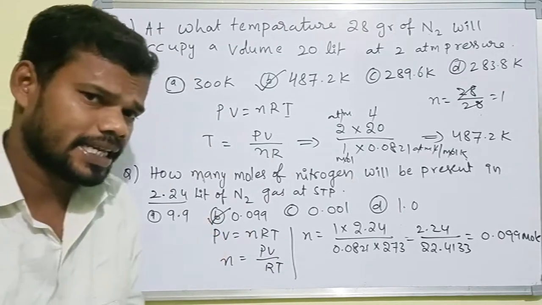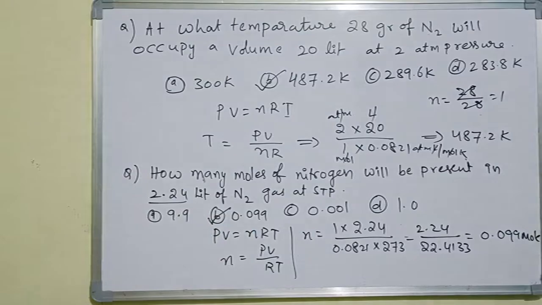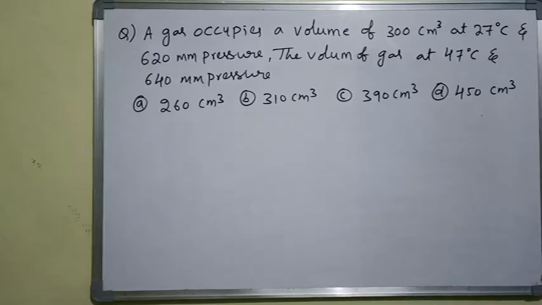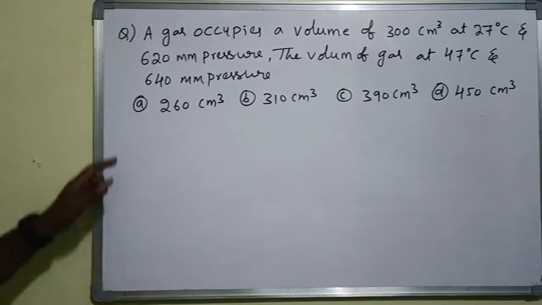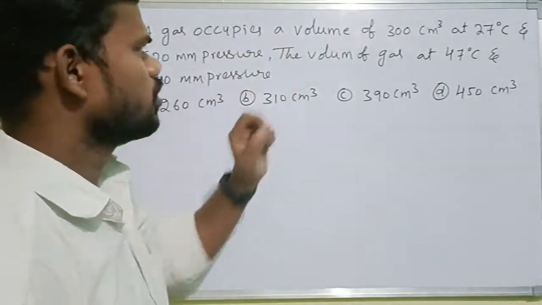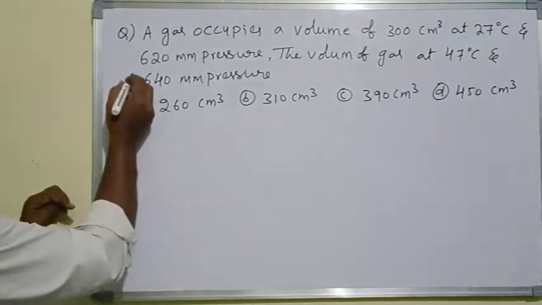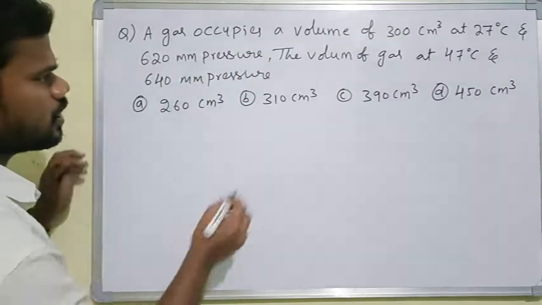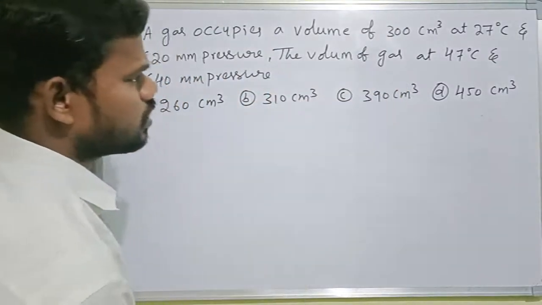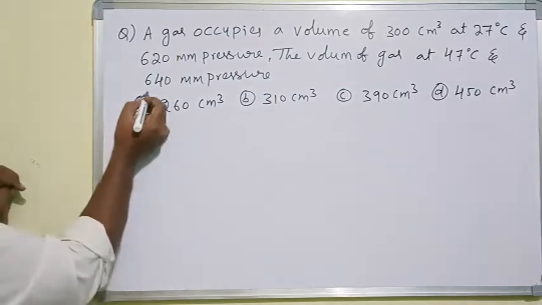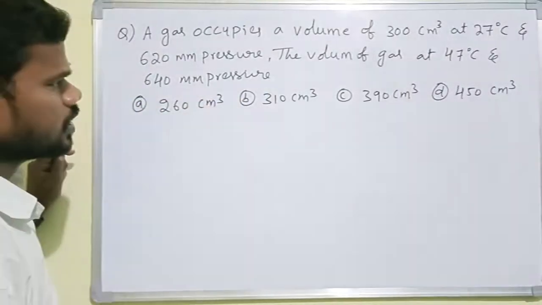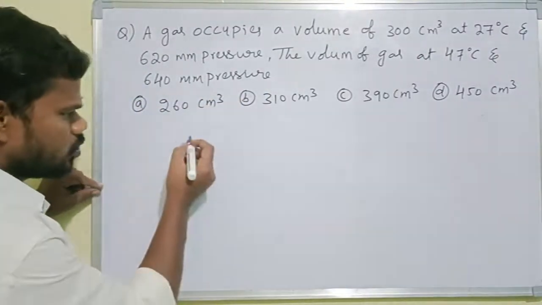Okay, so we'll see the next problem. See next question. A gas occupies a volume of 300 centimeter cubed at 27 degrees Celsius and 620 mm of pressure. What is the volume of the gas at 47 degrees and 640 mm of pressure? Clear? So we have two gases here.